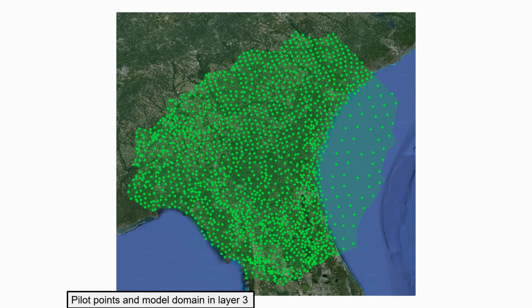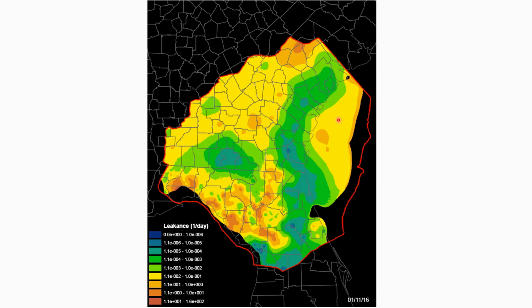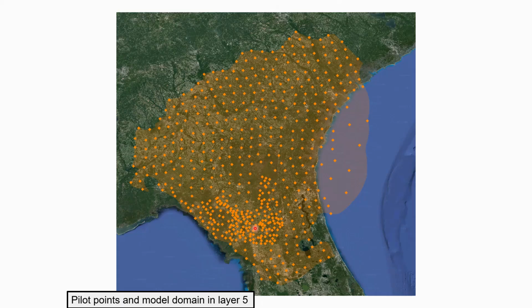Here's an example. Notice how far apart the pilot points are in this part of the model domain and how close they are in this part. We can see how we can easily accommodate the broader interpolation here, the greater wavelengths of the changes of parameter value here, while accommodating the much smaller wavelength of changes of parameter value in this part of the model domain, all in a seamless fashion.